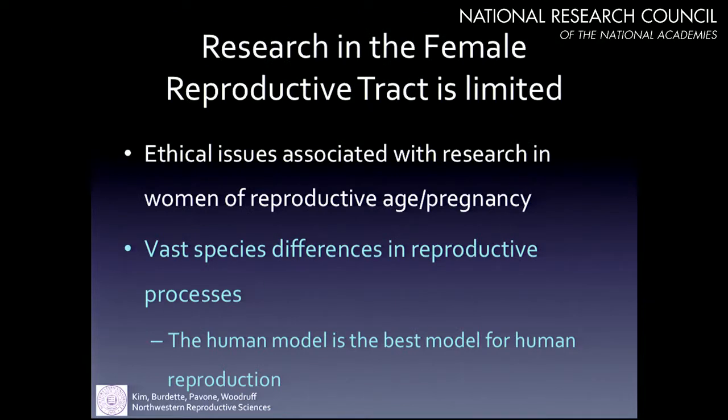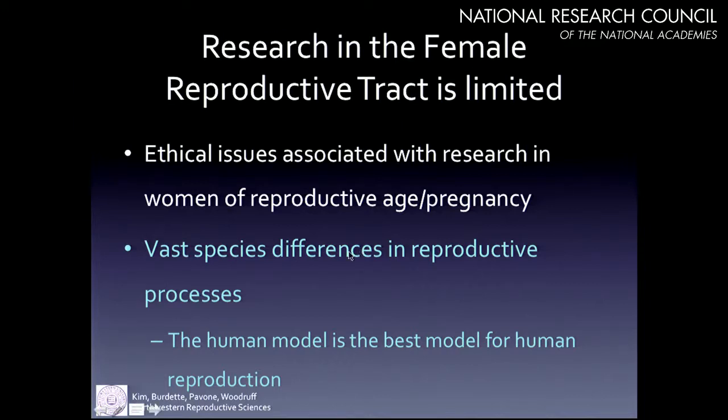For obvious reasons, research in the female reproductive tract is limited, and that has been quite a challenge in studying the reproductive tract and its effects on the human body. The most obvious one is the ethical issues associated with experimentation on women during the reproductive age, as well as in pregnancy. Interestingly, reproduction in different species is very different, and there is no good model for human reproduction except for the human model.